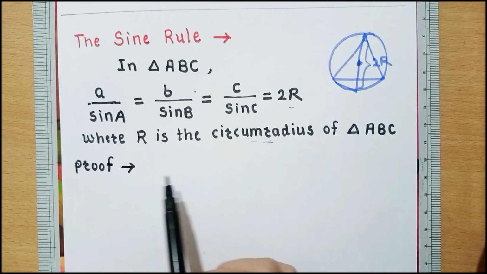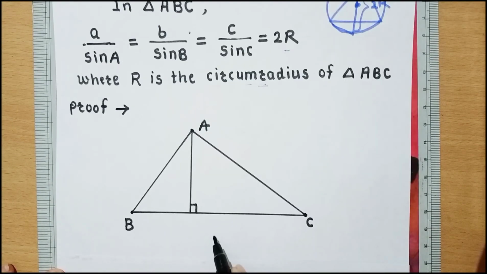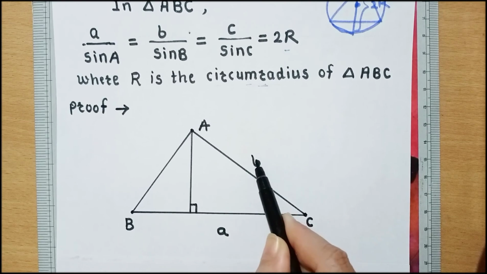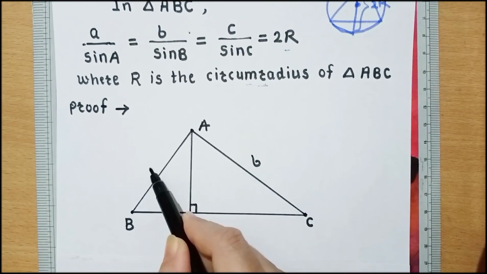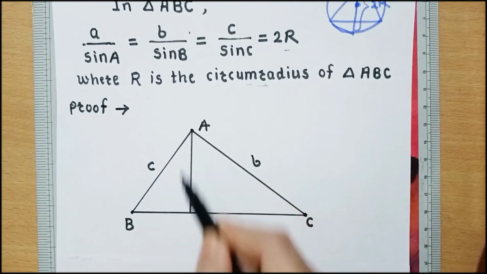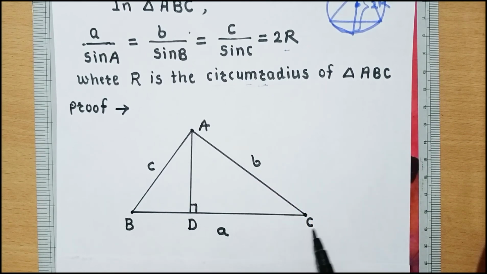For the proof, first consider triangle ABC, and here we know that small a is the length of this side opposite to A, small b is the length of this side, and small c is the length of this side, and let AD be perpendicular to BC.